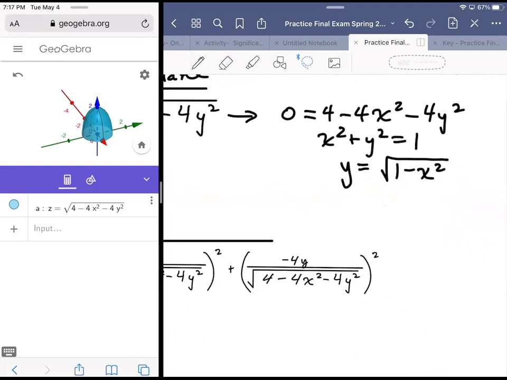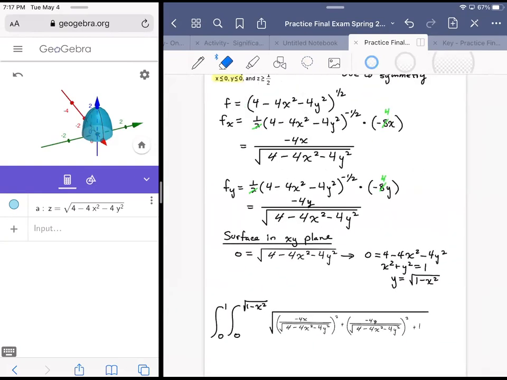I'll have to extend my radical here in a sec. Dy dx. All right. So that goes from the xy plane all the way up.